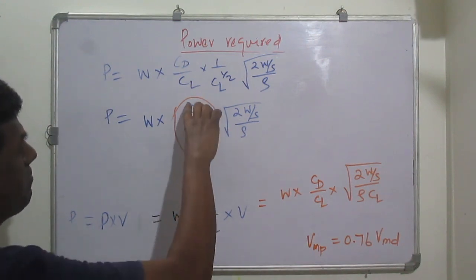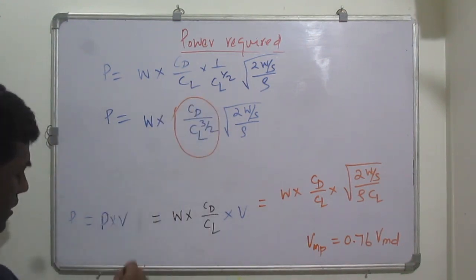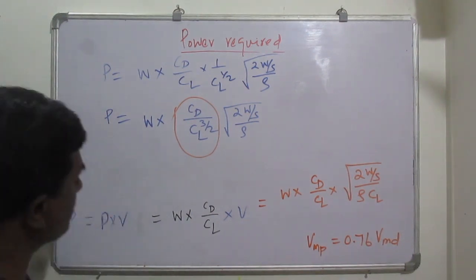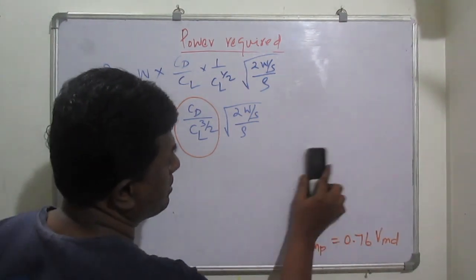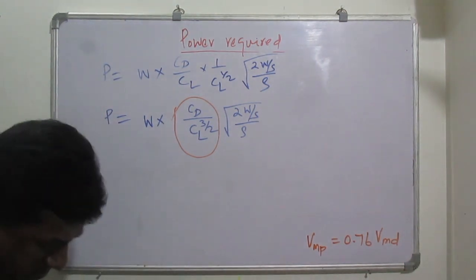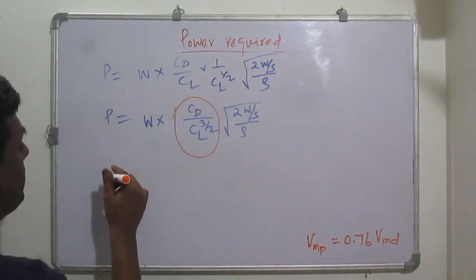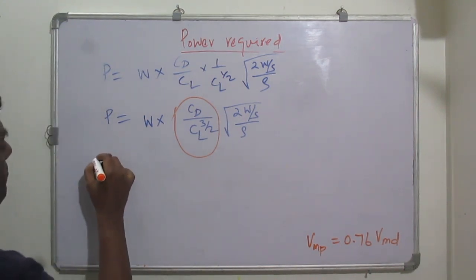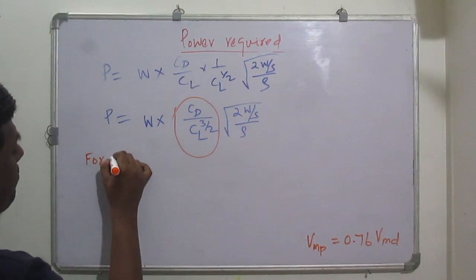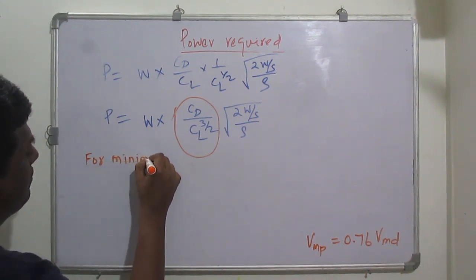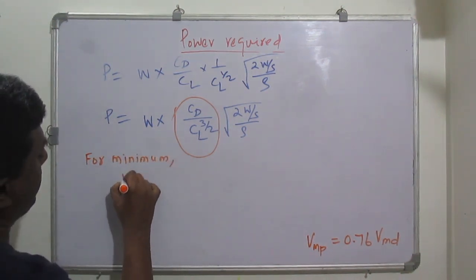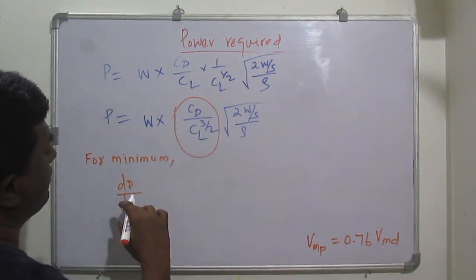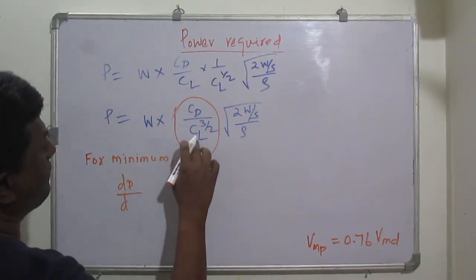For finding the minimum value, we can do the differentiation. By doing the differentiation, we get the CL at minimum power and the CD at minimum power. So for minimum, we write dP by dCL, because here the variable is CL.